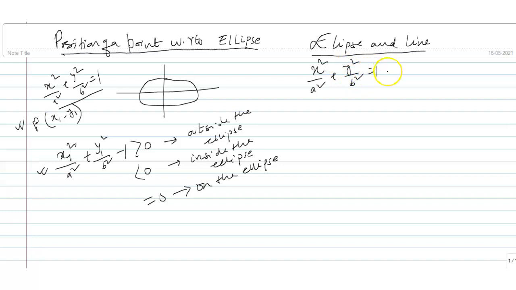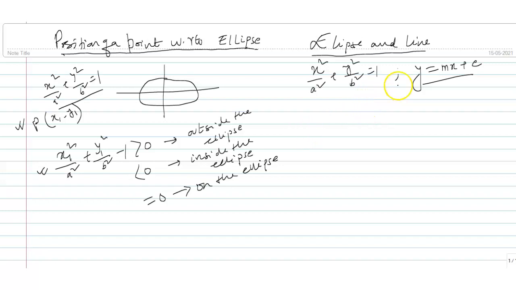Let us consider a line which is written in the slope form, y equals mx plus c. We just need to see what will be the condition so that the line becomes the secant, or the line lies outside, or the line is the tangent.